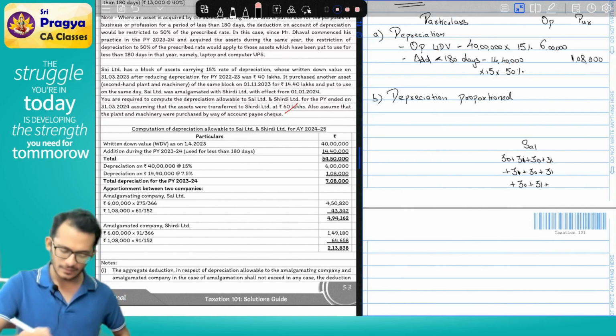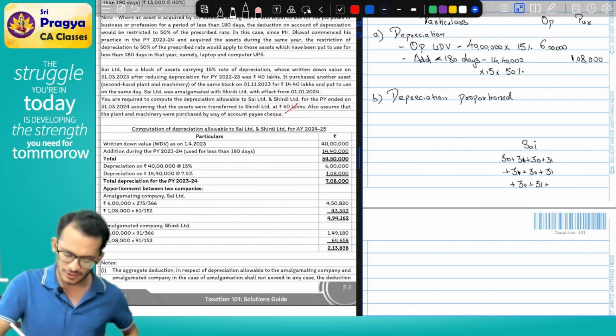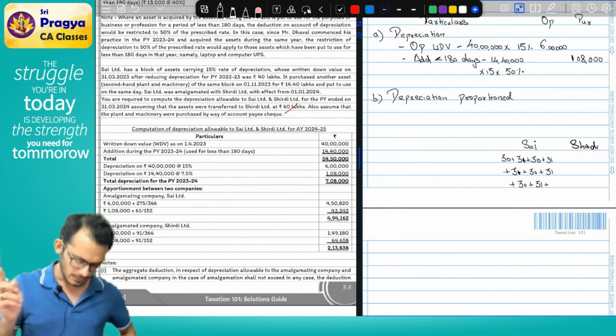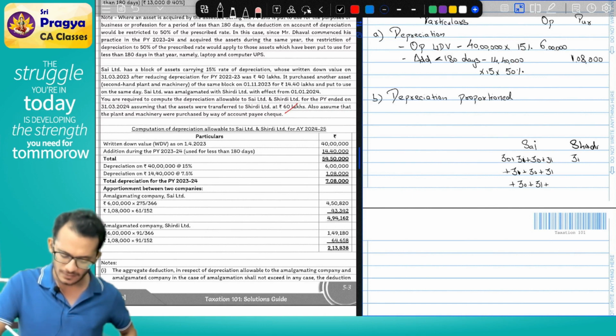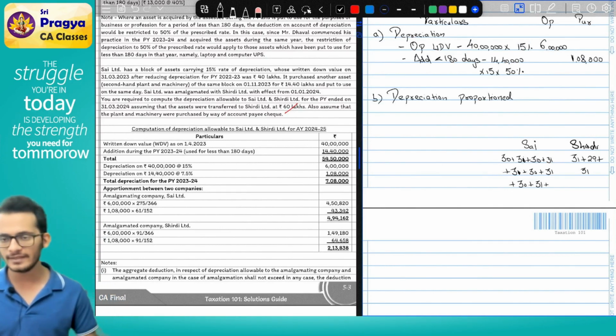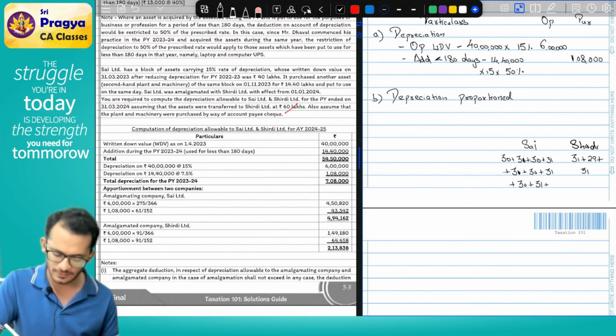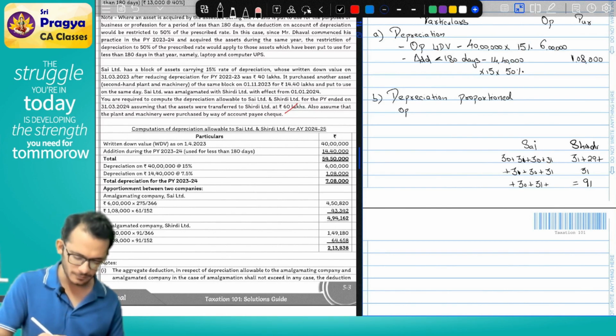So Sai has used it for this period and Shirdi has used it for January, February and March. Which means 31 plus 29 plus 31. In simple words, I can do 366 minus Shirdi. What is 31 plus 29 plus 31? How much? 91.